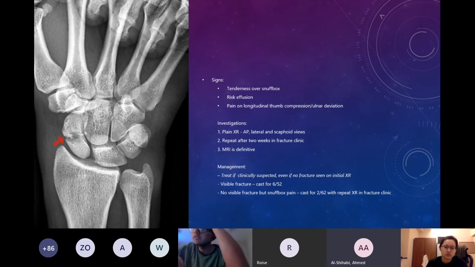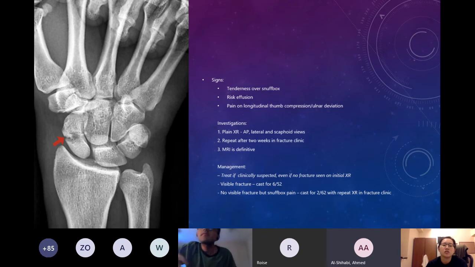Christy has said, I thought it's 10 days. Usually, it can take around 10 to 14 days for the fracture to make itself visible. So usually, it's about seeing the fracture clinic about 14 days after the X-rays are taken again. Usually, that's when the fracture is confirmed. If there is a really high index of suspicion, but you're still not seeing anything, the definitive is an MRI, because you can get a multi-level view.